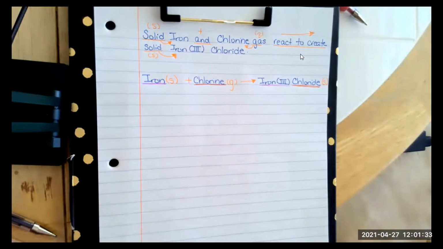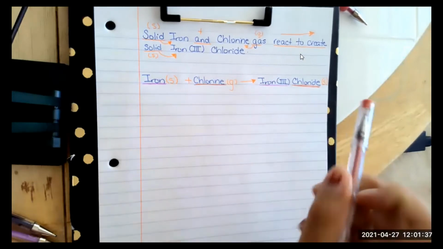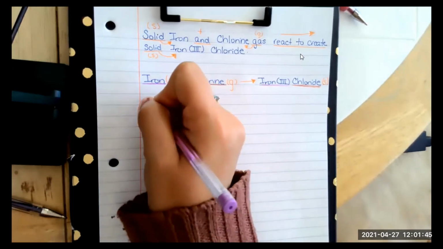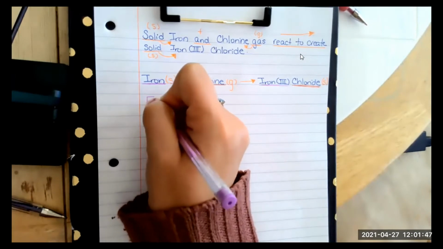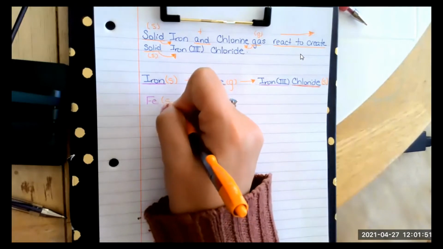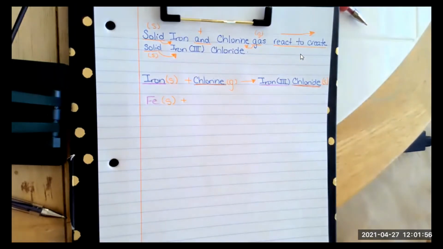And now I'm going to go ahead and keep a different color for my symbol so that we can see how it all ties together. So iron in and of itself is just Fe because it's an element, we don't have to worry about balancing. So we can write Fe and then (s), and then plus, and then chlorine we're doing in that red color.